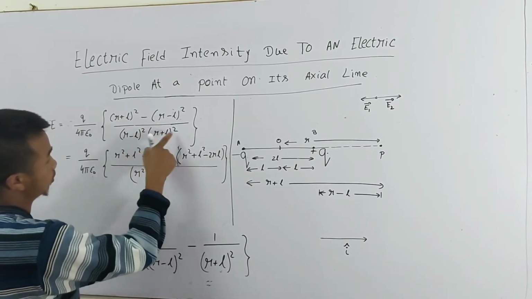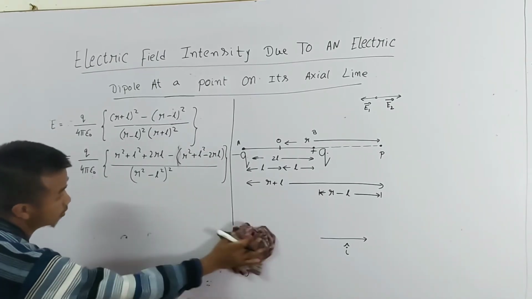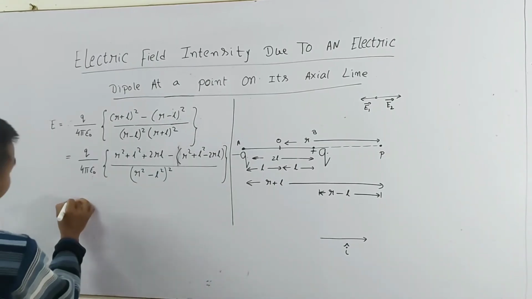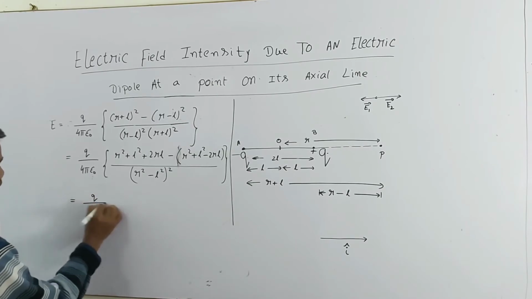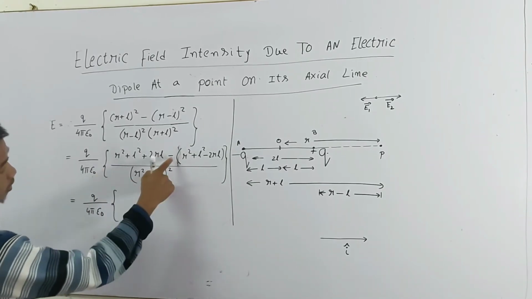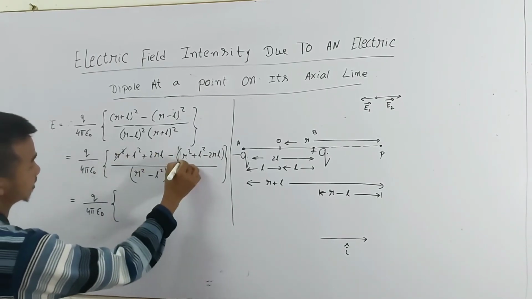So square of square becomes whole square. Then from here, Q by 4 pi epsilon naught, R square minus R square will get cancelled.